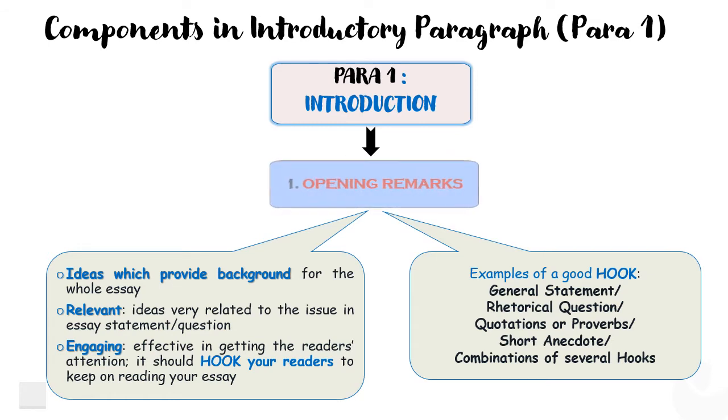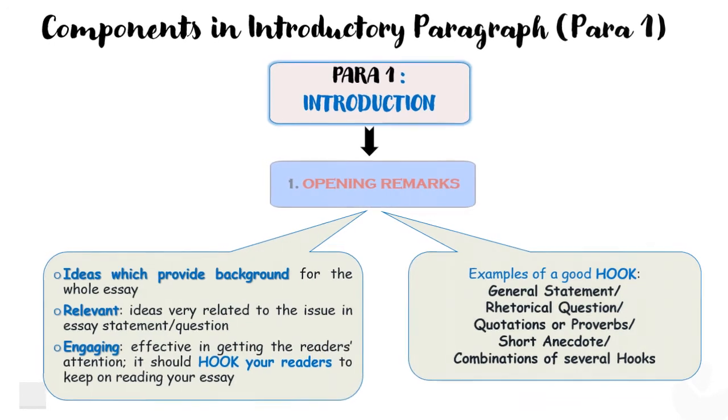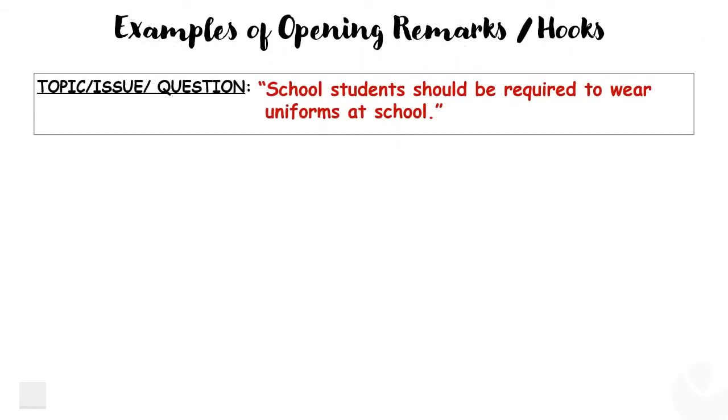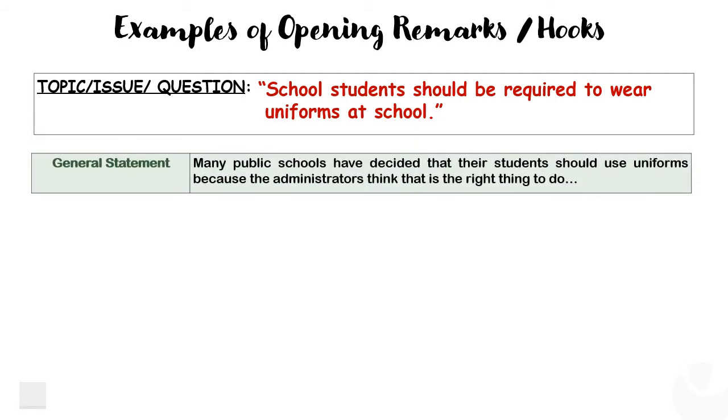Let's look at some examples of the opening remarks or hook. The issue here is school students should be required to wear uniforms at school. If you are using a general statement, the opening remarks will be something like this.